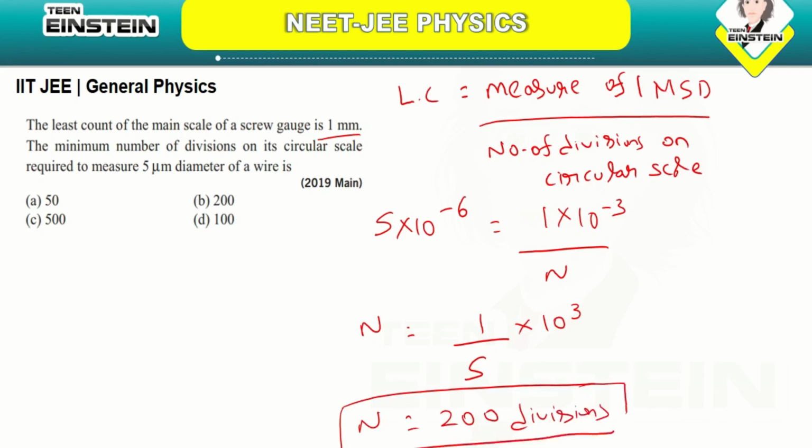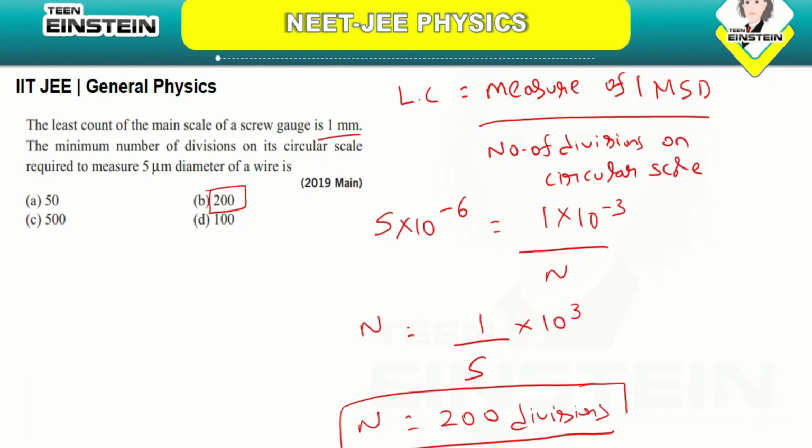Okay, it's just a simple substitution of the formula where the least count is given by the measure of one main scale division by the number of divisions on the circular scale, and here they have given the least count as 5 micrometer. So 5 into 10 power minus 6 is equal to 1 into 10 power minus 3 by n. So n is equal to 200 divisions. So the correct answer is option number B, 200 divisions.